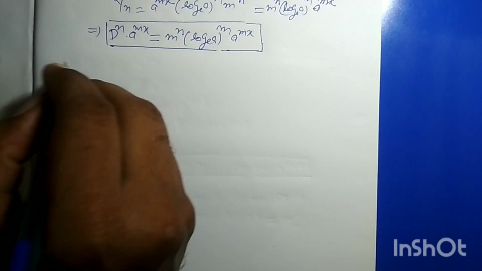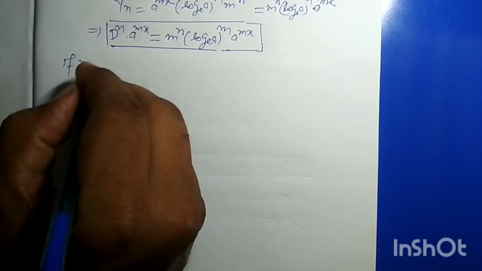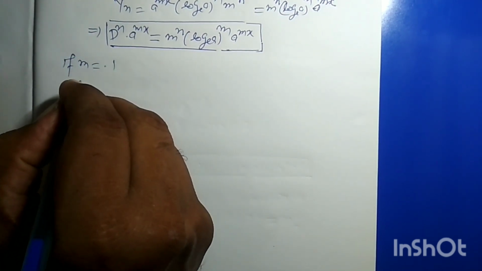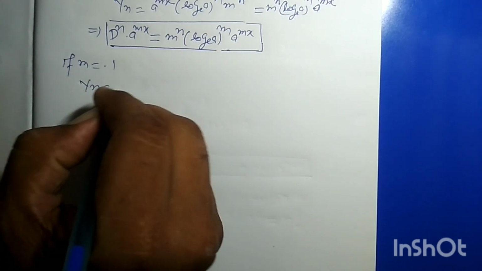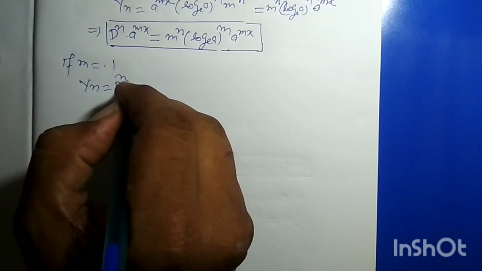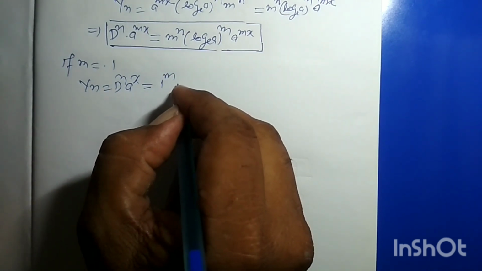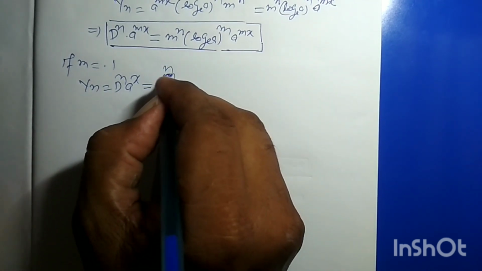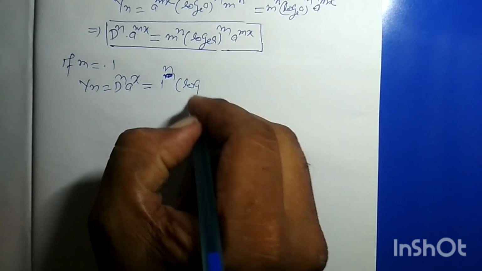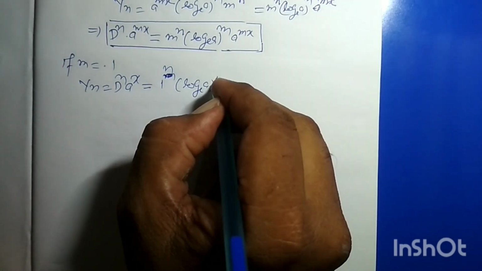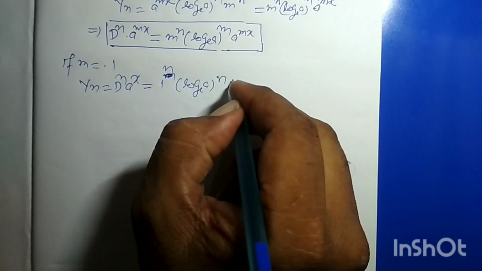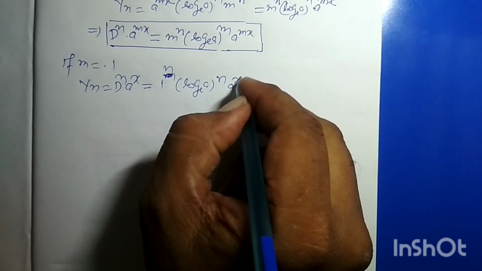Nice. If m is equal to 1, so y_n is equal to d^n a की power x only, m raised to 1, and m की power 1 की power n, sorry 1 की power n log a raised to power n और a की power x.